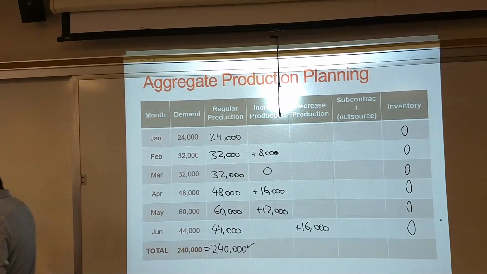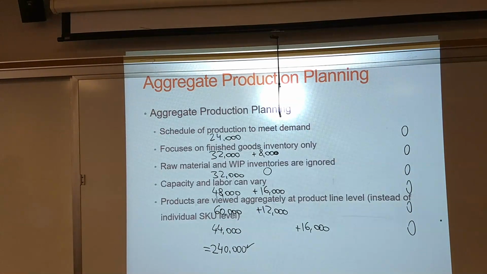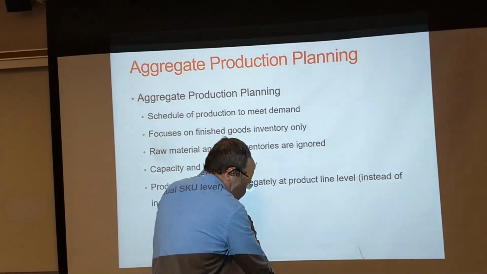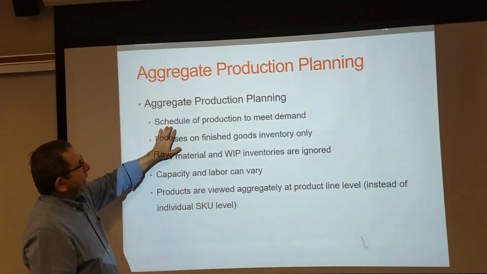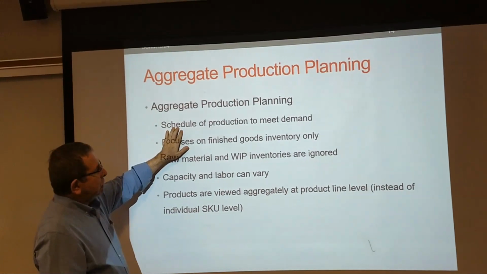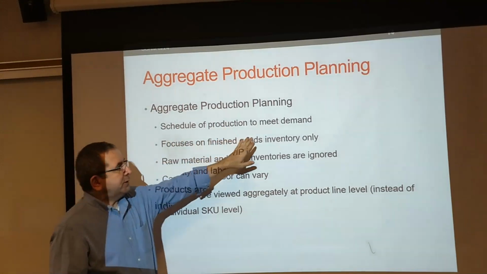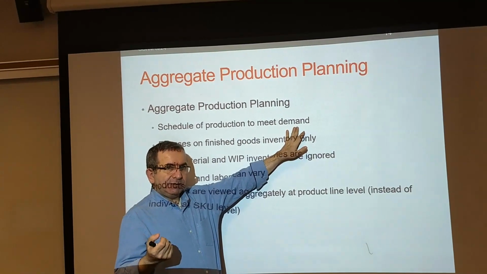So these are the two basic strategies. An aggregate production plan is a schedule of production where you want to meet demand. So supply and demand must be balanced.